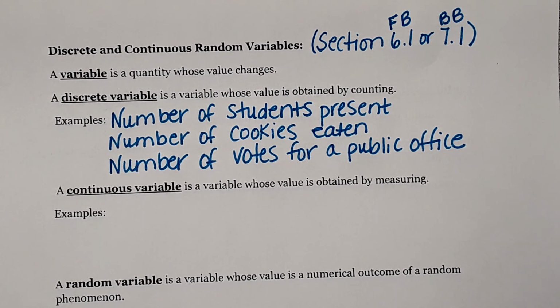You guys can almost see this as a question: knowing which one is a discrete variable and which one is continuous. So a continuous variable, and again, the word random is not in there yet. We're going to get to that. A continuous variable is a variable whose value is obtained by measuring.